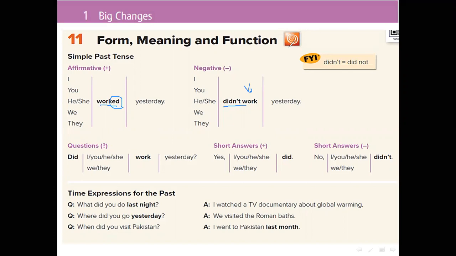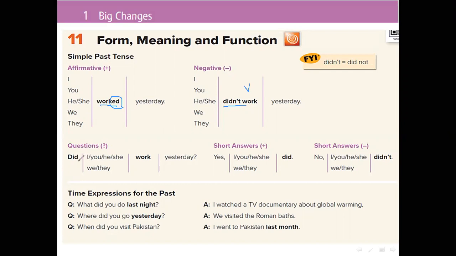Okay? We will use the verb without any addition. Didn't work. We don't say didn't working or didn't works. Okay? I didn't work yesterday. They didn't work yesterday.